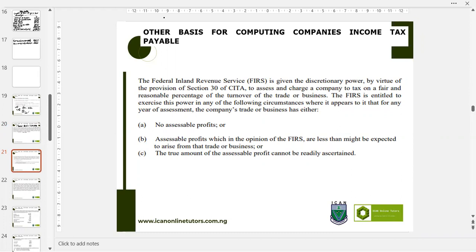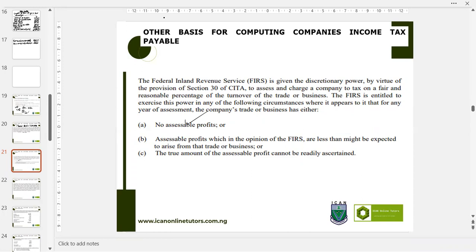One, where during a particular year of assessment, the company has no assessable profit. Secondly, assessable profits which in the opinion of the FIRS are less than might be expected to arise from that trade or business.